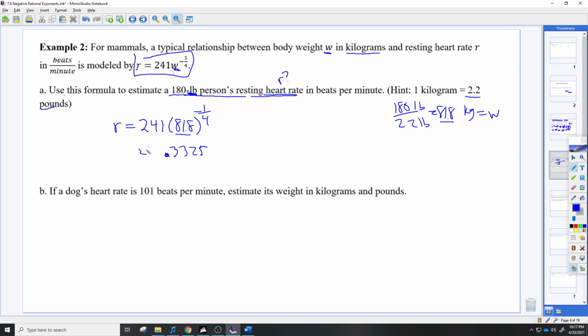And then we're going to multiply that by 241. All right, so 0.3325 times 241, we get about 80.1. So the heart rate would be close to 80, or you could say 80.1, and this is in beats per minute.